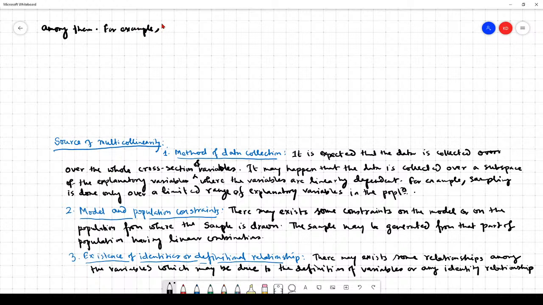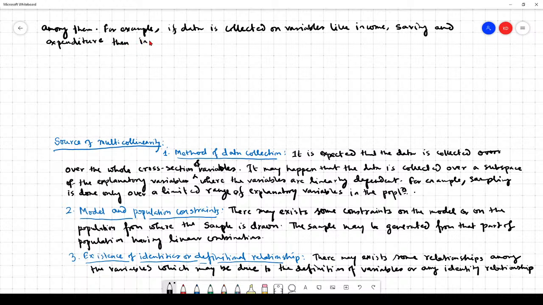if data is collected on variables like income, saving, and expenditure, then we know income equals saving plus expenditure.